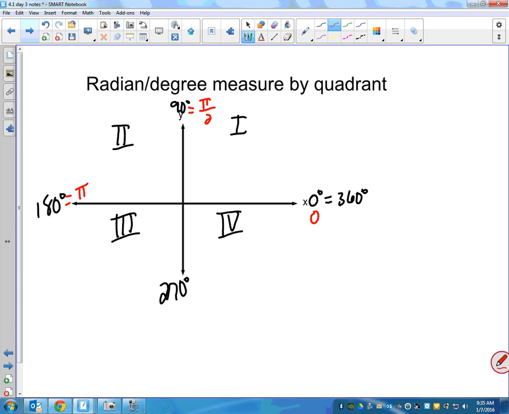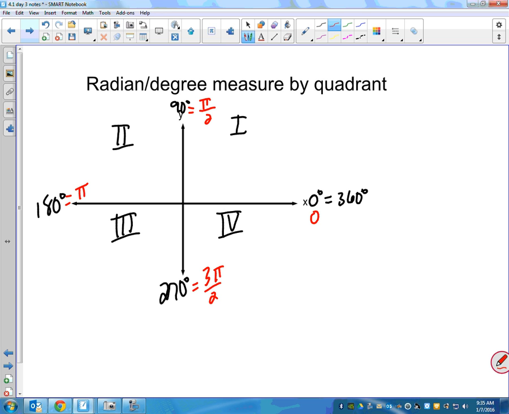Pi plus pi halves equals 3 halves, right? 3 pi halves, 3 halves pi. Almost every year someone says pi and a half, which is true, pi and a half. It's just pi plus another half, which is 1 half pi. So again, anything between 1 and 1 1/2 pi is going to be quadrant III.